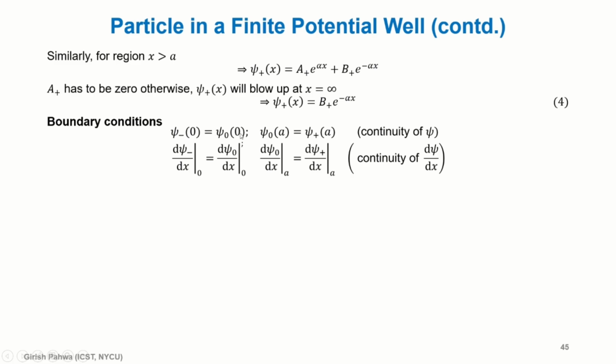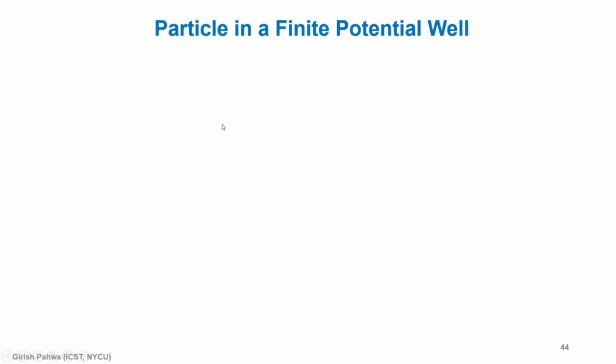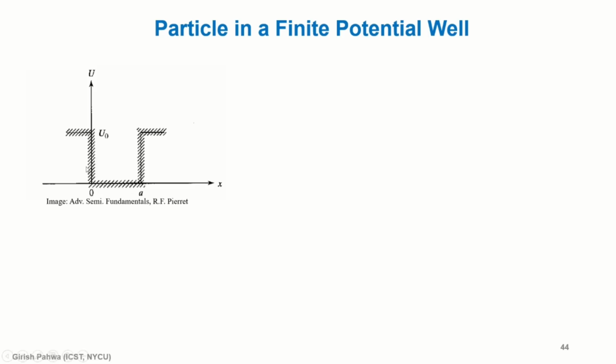So these two must be equal at this boundary. The wave function on the left side and the wave function on the right side must be equal. Similarly, at x equal to a, psi naught and the wave function on the right hand side, psi plus, must be equal. So that's the continuity of the wave functions.